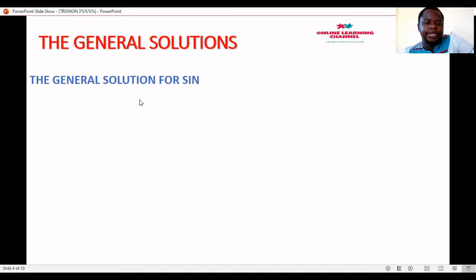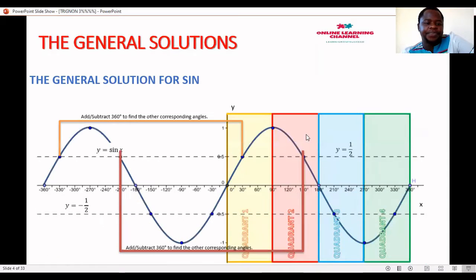Now, the general solution for sine. Here you are given the sine graph. Please note that from 0 to 90 degrees, you have got your amplitude, right?